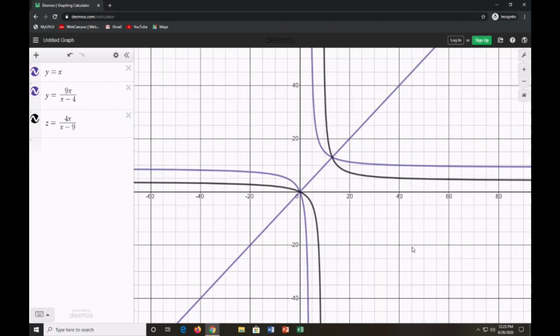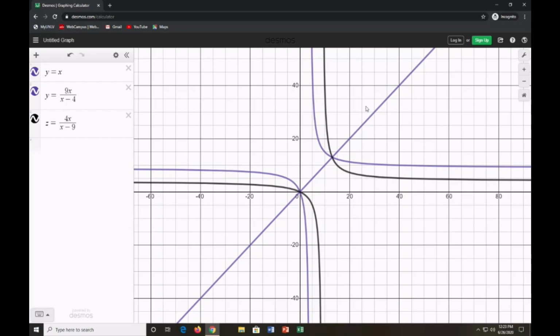There. So you can see the purple curve, which has two pieces, because this is a rational function, so it has two pieces when we graph it, right? So look at the two curves. They intersect right at the point where you have the y equals x line. So they're mirror images of each other.